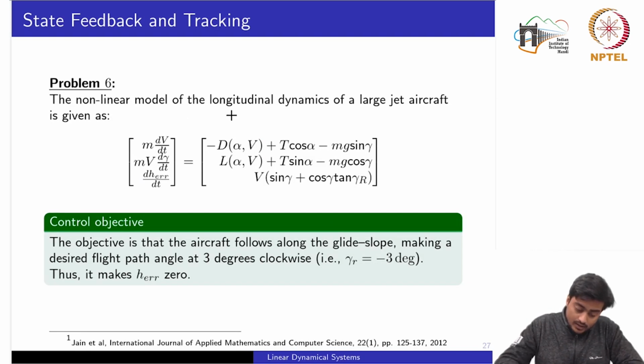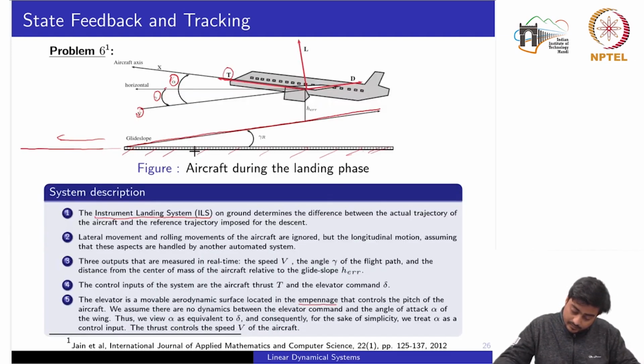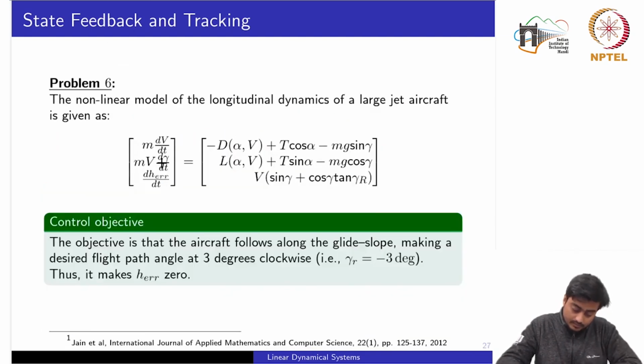Now, the nonlinear model of only the longitudinal dynamics of a jet aircraft is basically given by this, where we have the differential equations in terms of the velocity, gamma, which is the angle of the flight path, and also the distance between the center of mass of the aircraft and the glide slope.